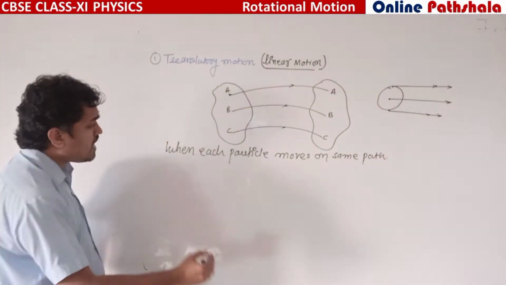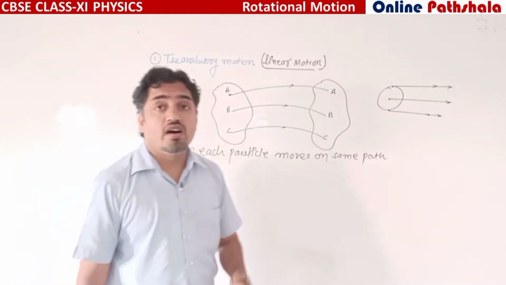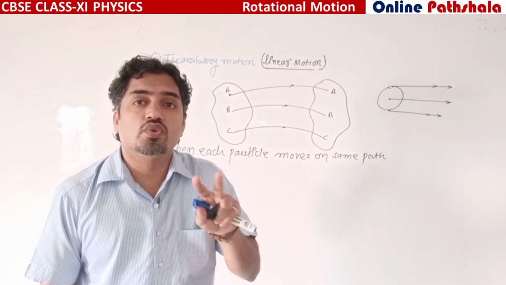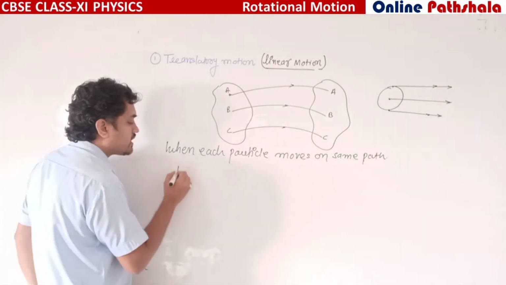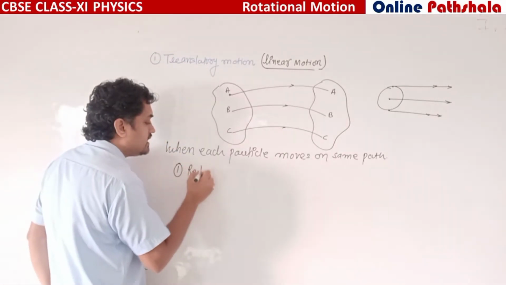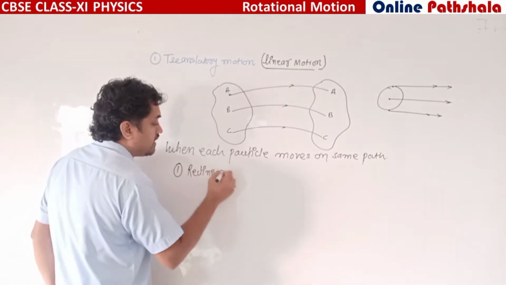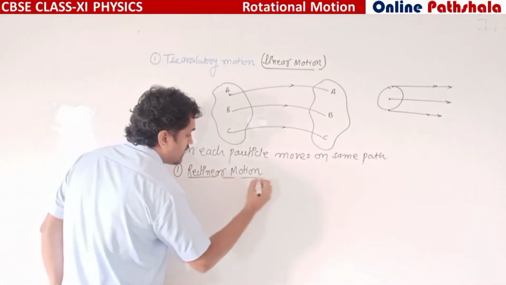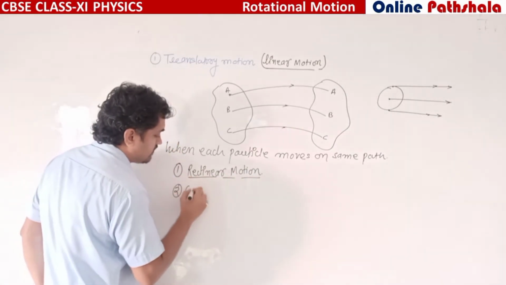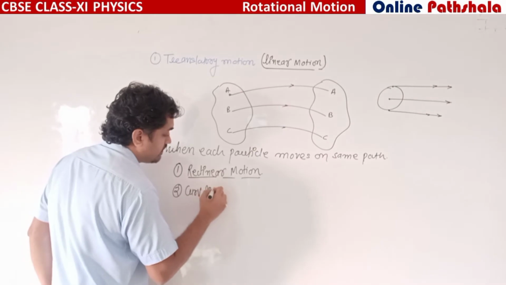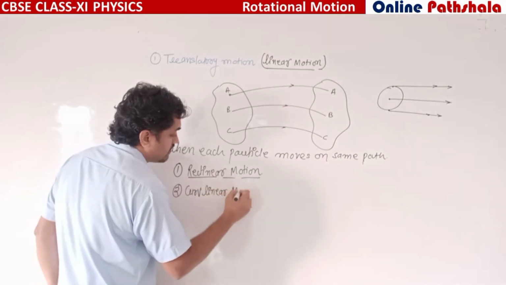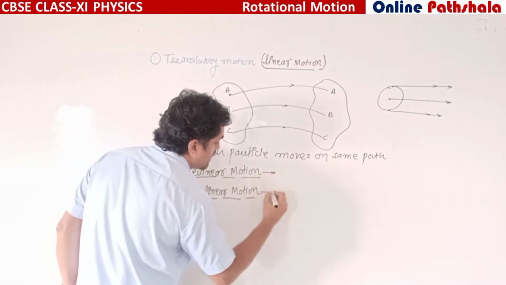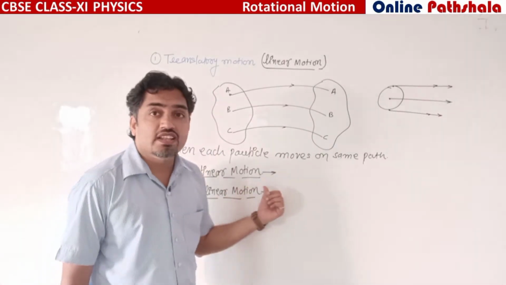Now, what is the meaning of this linear or translatory motion? Again we can divide it into two categories. One is rectilinear motion and the other is curvilinear motion. So what is the meaning of rectilinear motion?